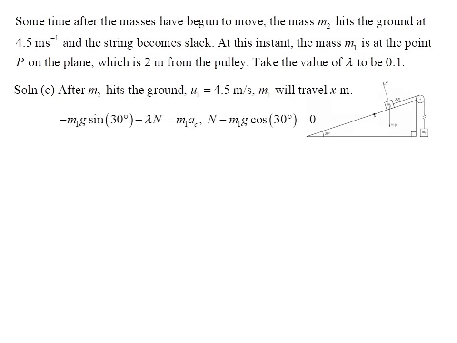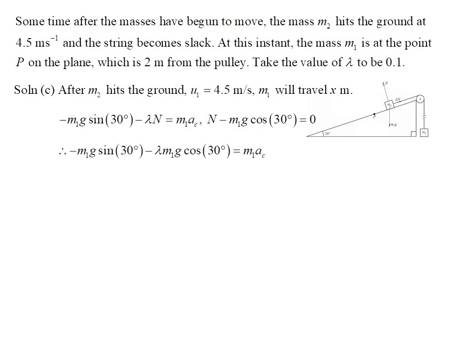Hence, according to the established two simultaneous equations, along as well as perpendicular to the inclined plane, we have negative m1g sine 30 degrees minus lambda N equals m1 a sub c, and N minus m1g cosine 30 degrees equals 0.